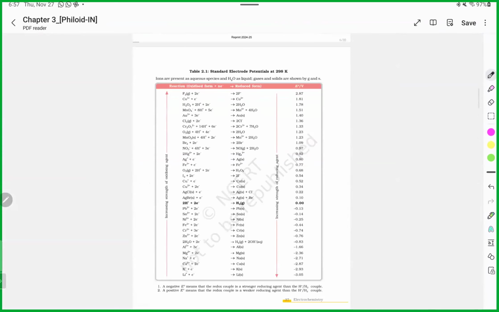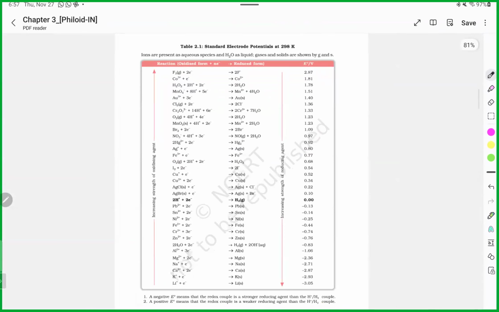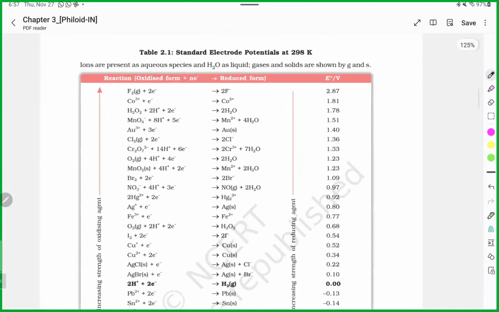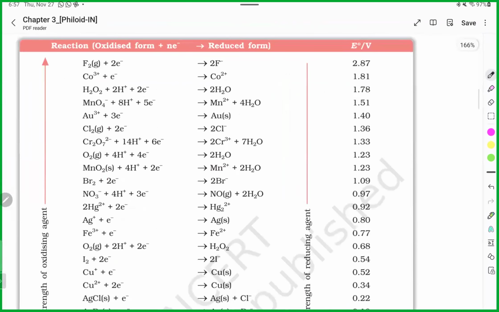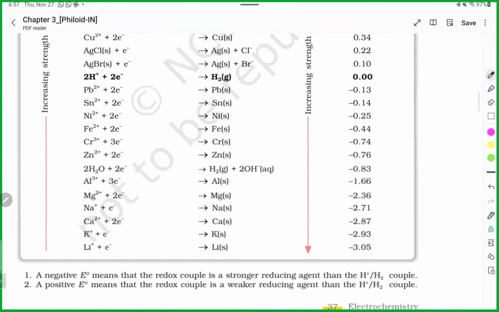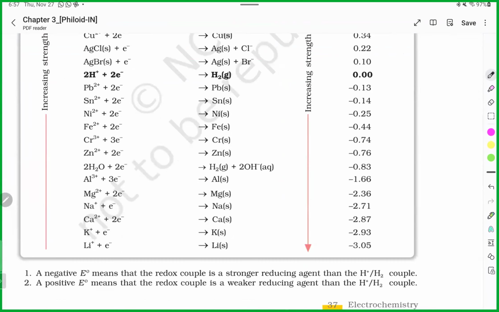See, this value is given in the reduction potential. And you know, an element that undergoes reduction has a more positive value and an element that undergoes oxidation has a more negative value. Lithium can easily undergo oxidation. So that's why it will have a negative value of reduction. It means a positive value of oxidation.